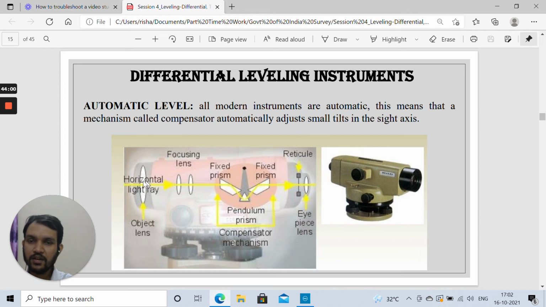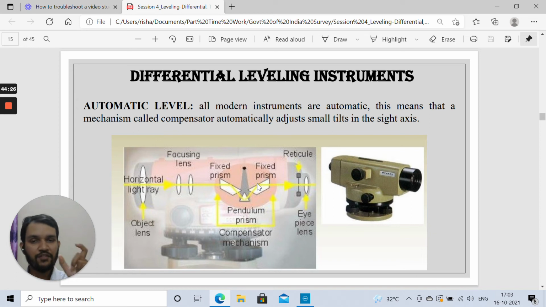prism through which the ray of light you are looking through reflects, and gets to a pendulum prism. It has been placed at such an angle that after reflecting through it, the ray will go to this pendulum prism, and after going through the pendulum prism, it will strike the next fixed prism, which will always deviate the ray, so that the final reflection through the second fixed prism is always horizontal.